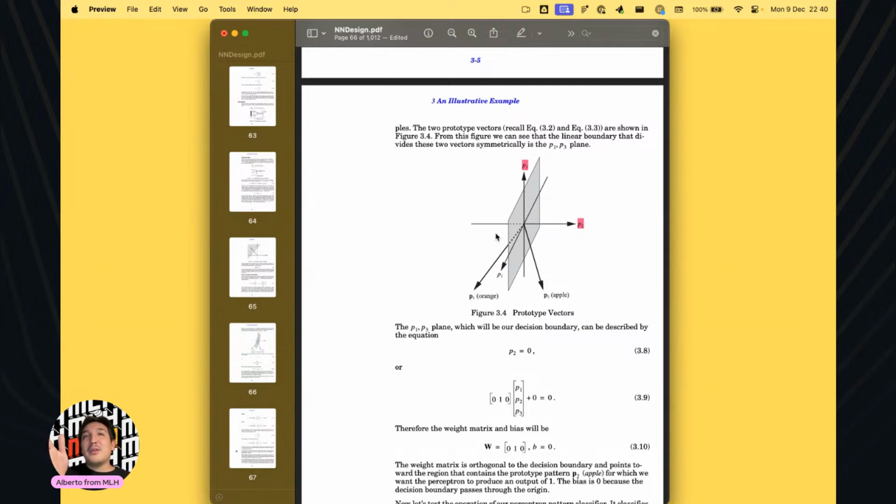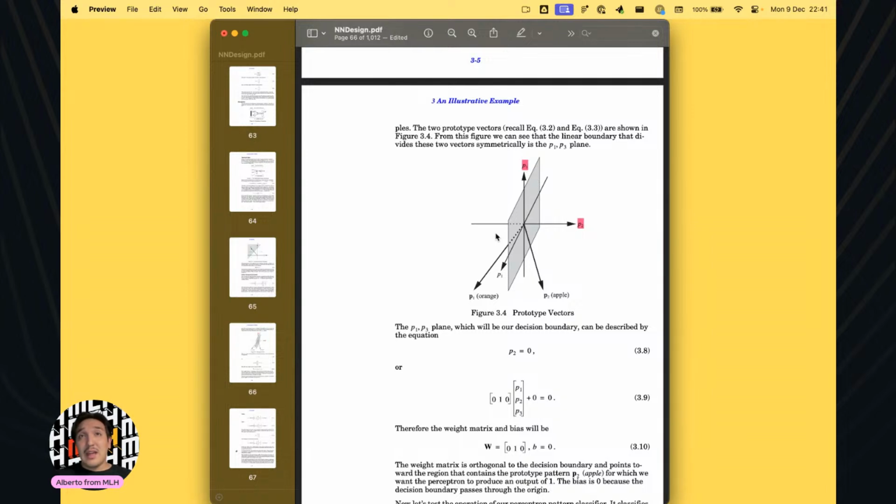So we could choose a decision boundary, for example by rotating this plane, that separates P1 orange and P1 apple but contains this new test vector inside the apple side. But this is not the case. That's why I mentioned we have very limited information and very limited data to decide which will be the decision boundary here. So for us, the one that is declared works fine.